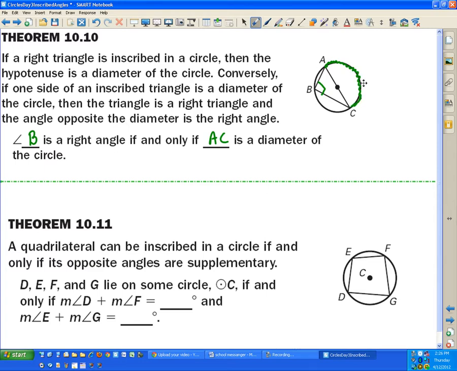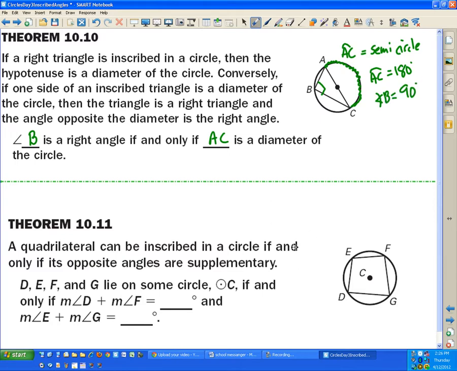So arc AC is a semicircle, which means that arc AC is 180 degrees, which means that angle B is half that, which gives you the 90 degrees that we're talking about.